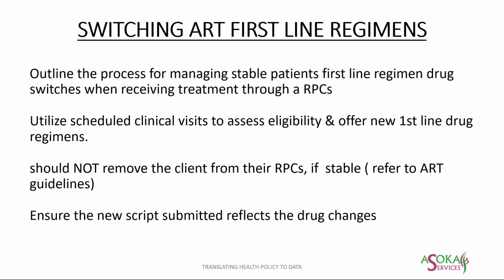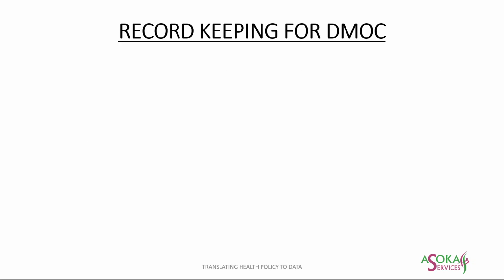But one of the things to take note of is that if the patient is eligible and is willing to be switched from whatever they are using to the new first-line regimen, they do not have to be deregistered from any of the RPCs. We must just make sure that if they are switched from the old one to the new one, the script is also updated as such.